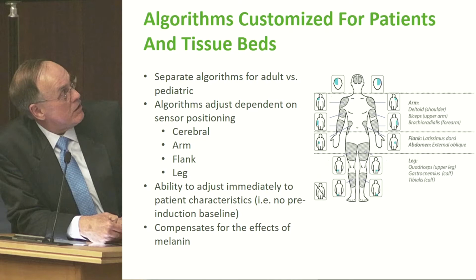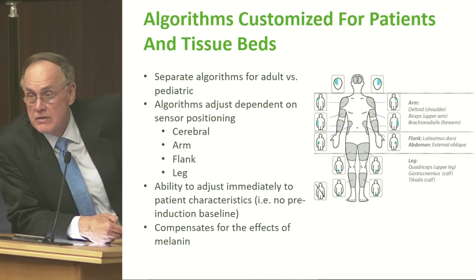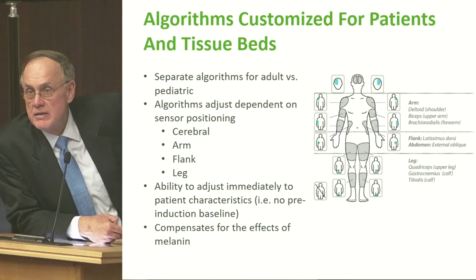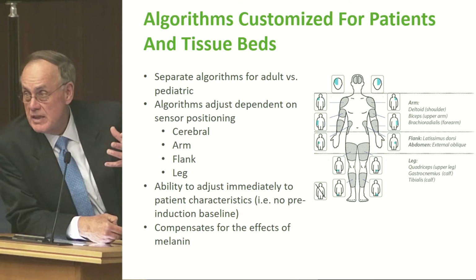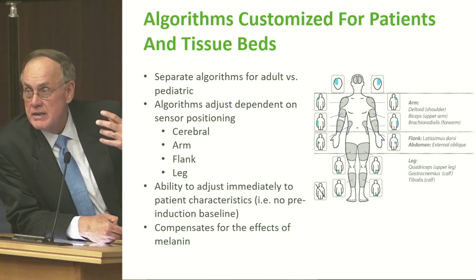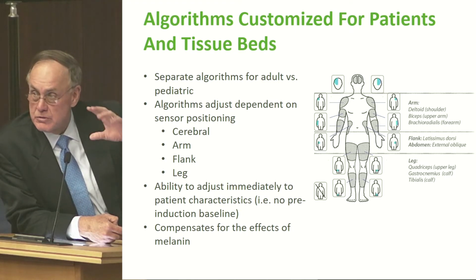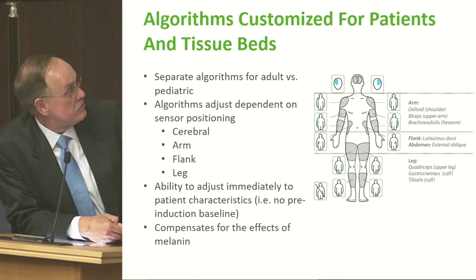You can measure it in the arms, and also here on the flank or the sides of the patient, which would give you an indication of the flow of blood through the kidneys. Right? And because the light moves differently through muscles than it does brain, you need a specialized computer program to change the accuracy of the calculations.